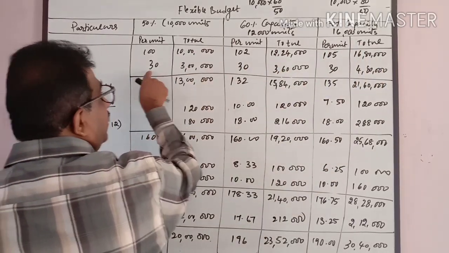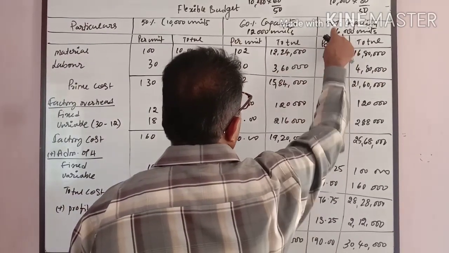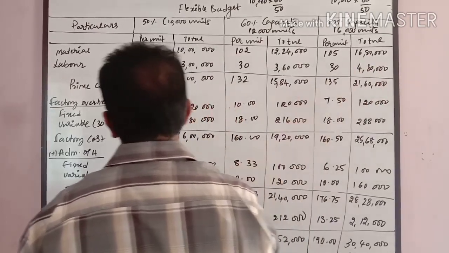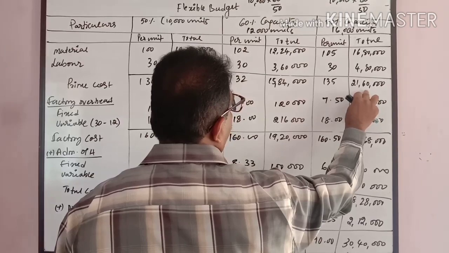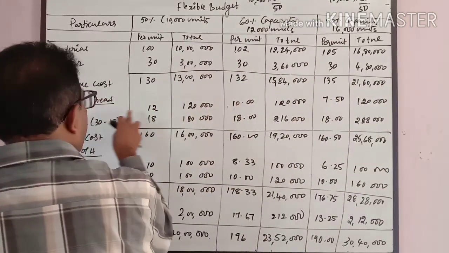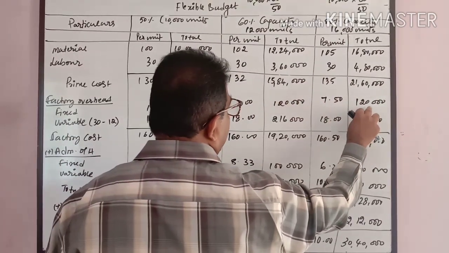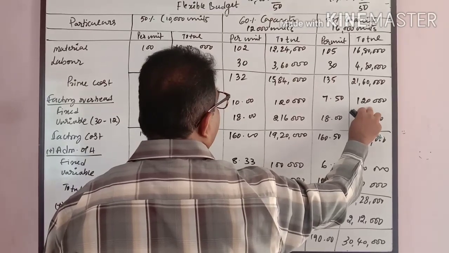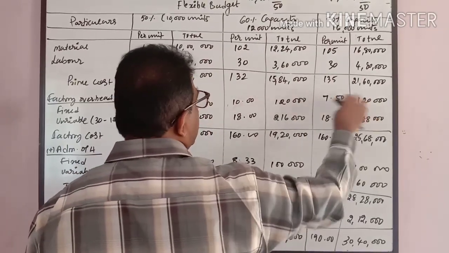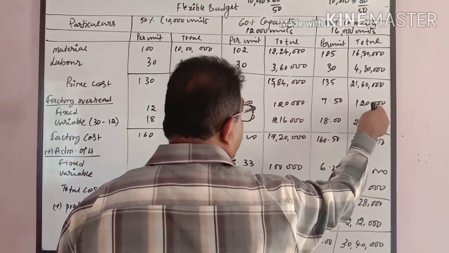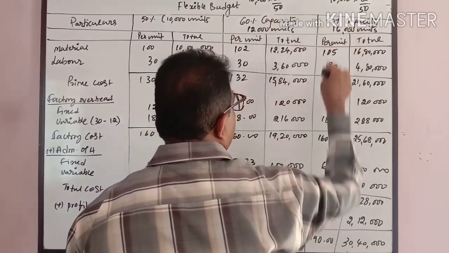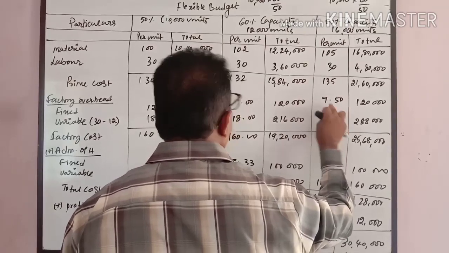Here labor is not changed, 30 rupees I took as it is, 16,000 into 30, 4,80,000. Prime cost becomes 135, total cost comes to 21,60,000. Fixed cost, even in the case of 80% capacity, whatever capacity it is, remains the same. 1,20,000 total amount I took divided by 16,000, I calculated per unit.